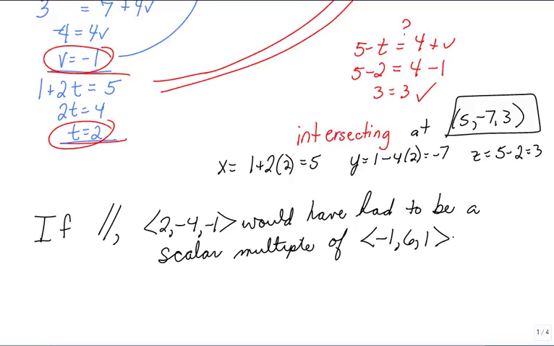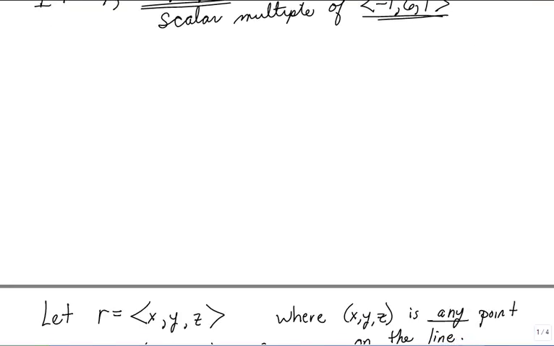These are the direction vectors for the lines. So this is for line 1, this is for line 2. Those two direction vectors would have to be scalar multiples of one another. All right, let's move on and talk about planes.